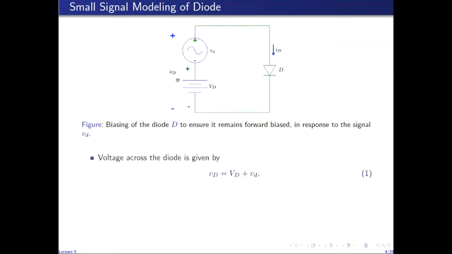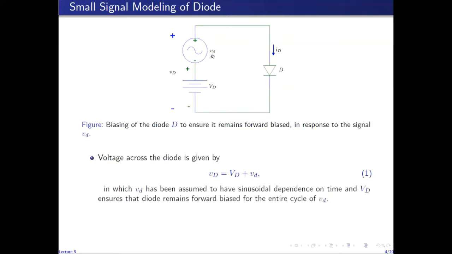So as mentioned, the total voltage across the diode is given by small v subscript capital D, and it is the sum of the DC voltage and the small AC voltage. So this is an AC voltage. I've mentioned that this small vd has been assumed to be sinusoidal in nature.